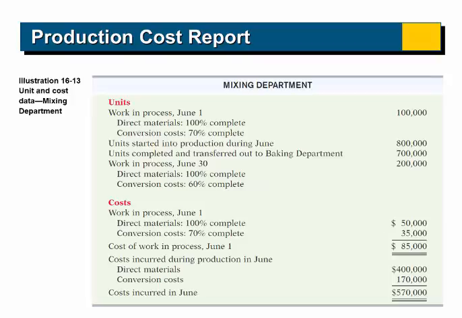Okay, let's now review the data that was given to us in addition to the cost data. All right, so we started out June 1 with some work in process in the mixing department. This work in process came over from May.